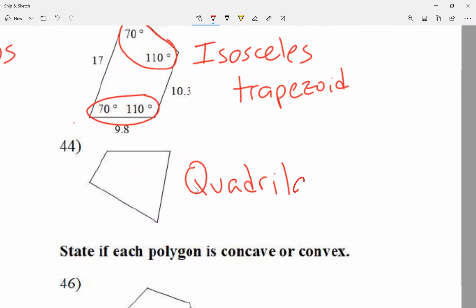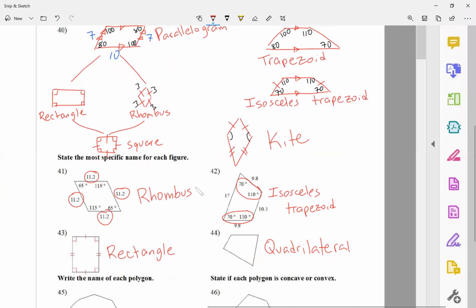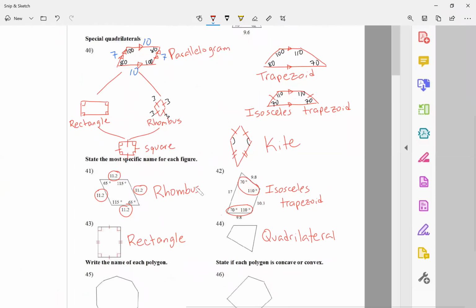It has four sides. So there's a list of special quadrilaterals. But if it's neither of those lists, and when I say a list, looking at number 40, right? That's a list. If it's neither of those, but it still has four sides, we're just going to call this a quadrilateral.